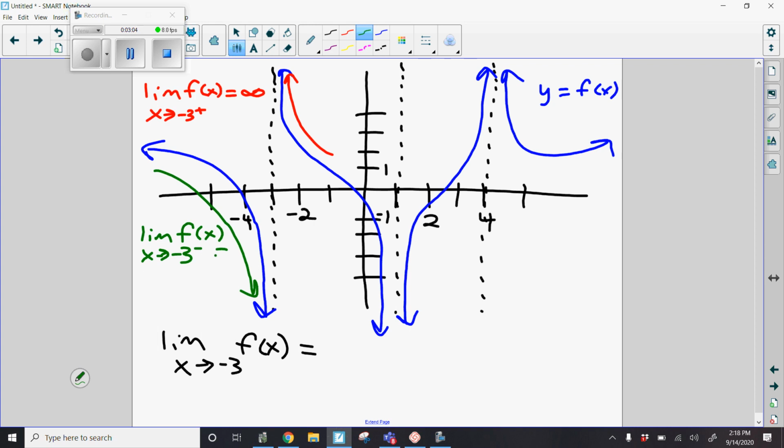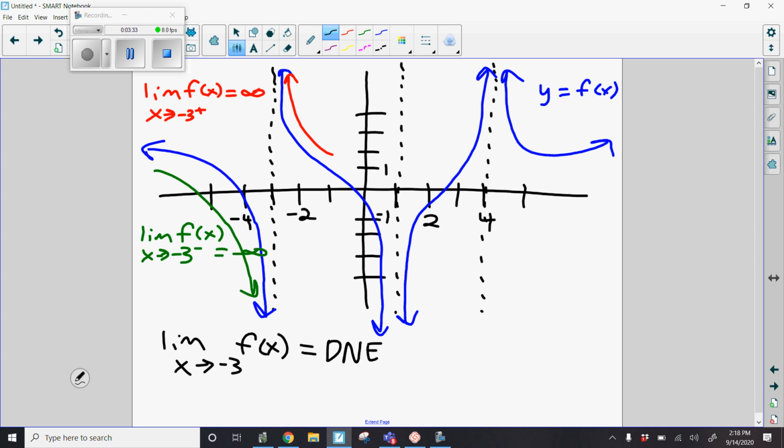So this is approaching negative infinity. So let's think about what we had in class today. When the right-hand limit and the left-hand limit are different, that means that the limit does not exist. So the only acceptable answer here is that this limit does not exist. Okay?